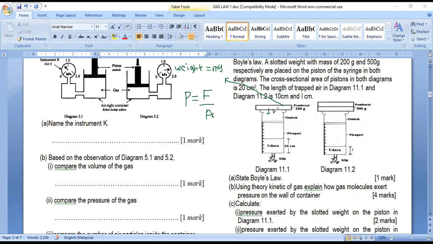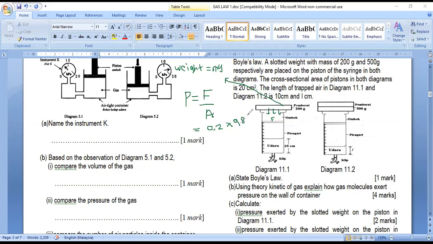The force is because of the weight of the slotted weight, which is 200 grams. So you have to convert. It's 200 grams, so change it to kilogram, 0.2. For gravity, let's say we take 10 or 9.81.